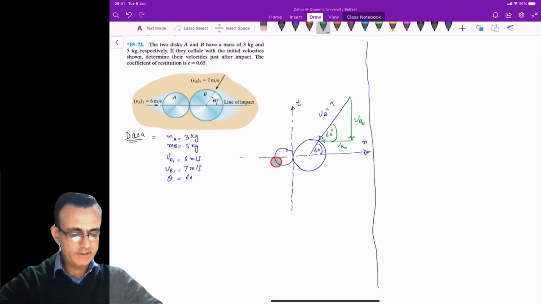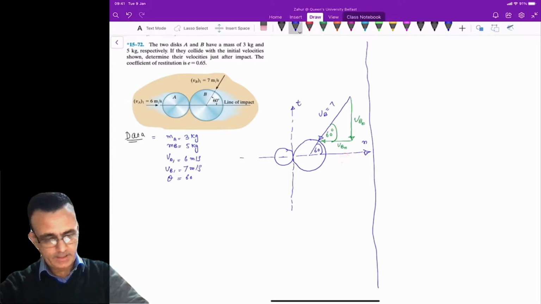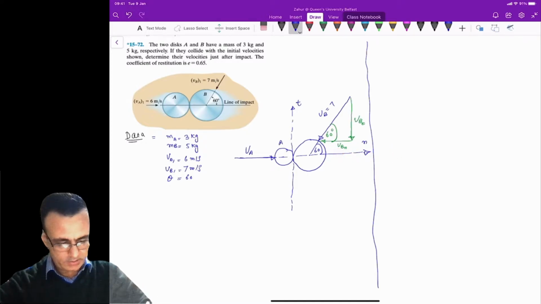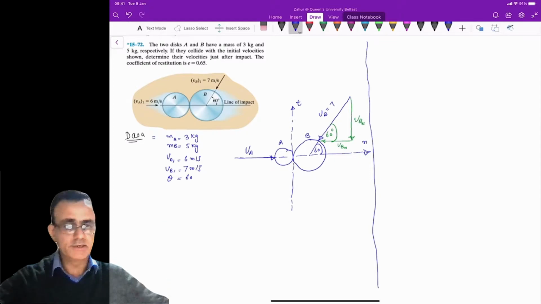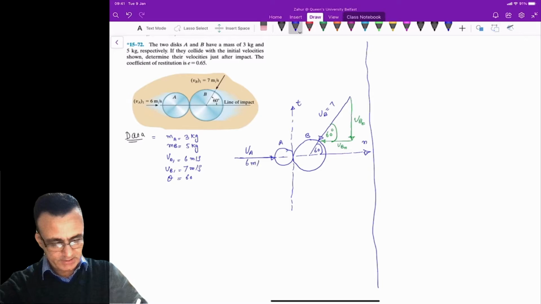And similarly, if you consider this body here, disk A, the velocity of disk A is in this direction. We will call it VA here. So this is our disk A, and this is disk B here, and this velocity is 6 meter per second.